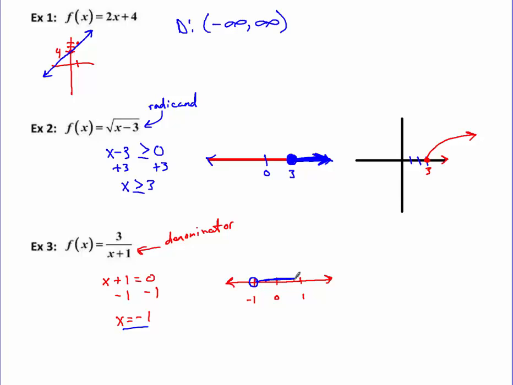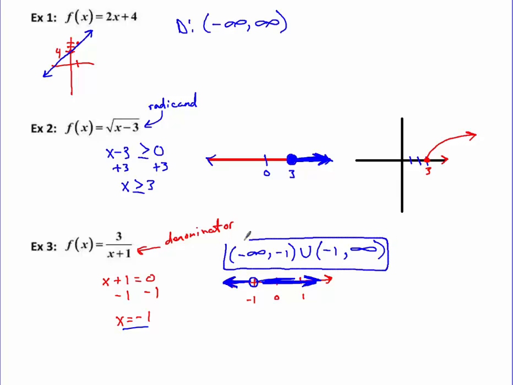But we can put every other value that we want. We can put all kinds of stuff less than -1. We just can't put -1. So the domain here is -infinity to -1, not included, union, -1 again, also not included, positive infinity.